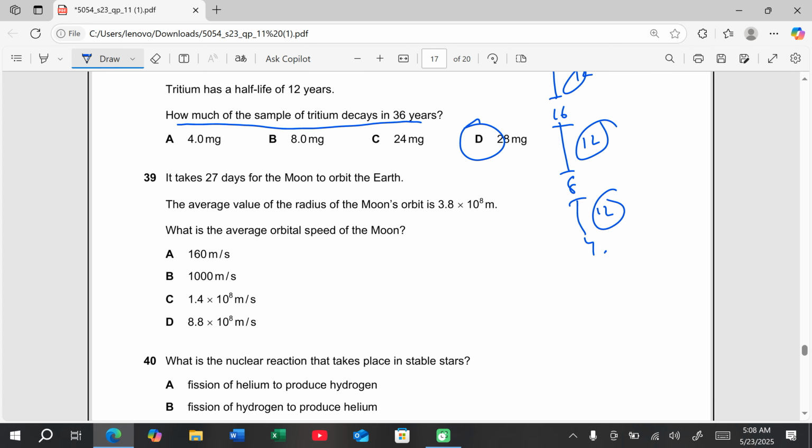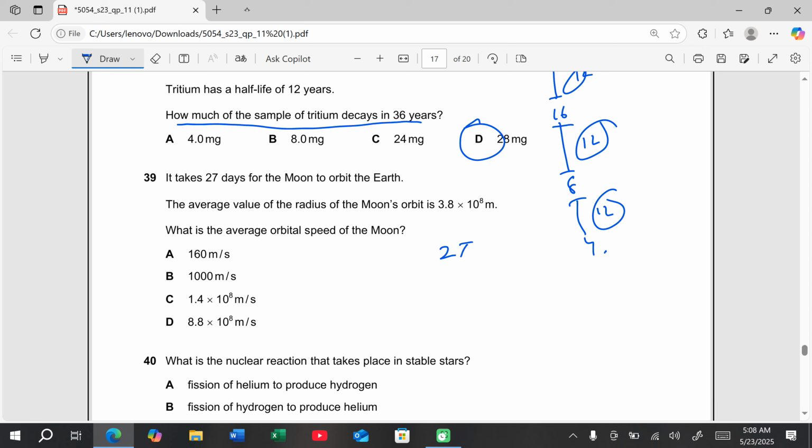It takes 27 days for the moon to orbit the earth. The average value of the radius of the moon's orbit is 3.8 times 10 to the power of 8. What is the average orbital speed? That's easy.